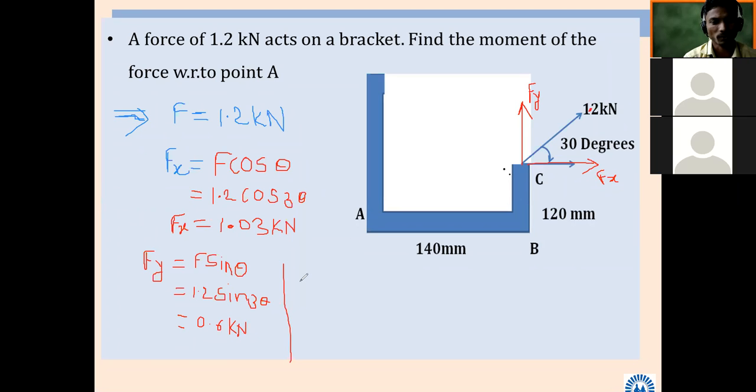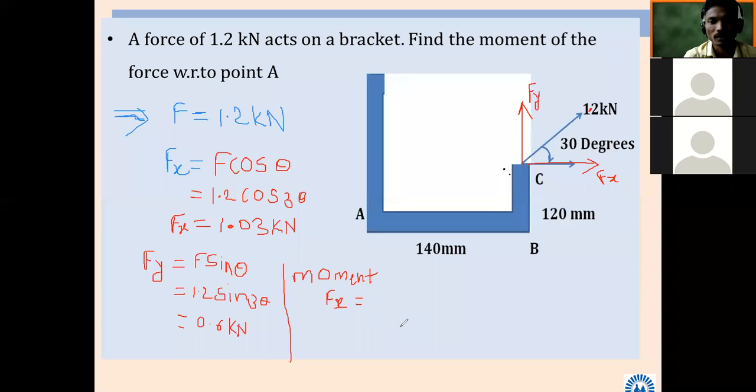Now what will we write next? Moment due to Fx. Moment due to Fx equals what?